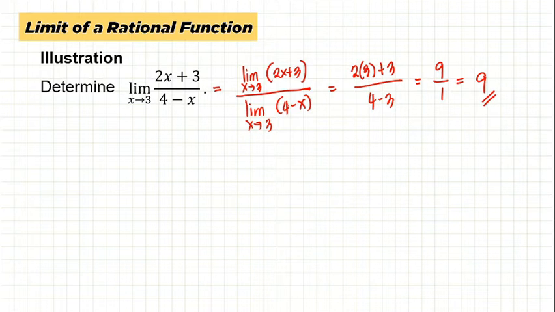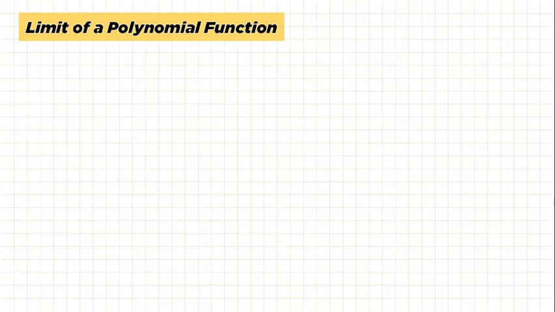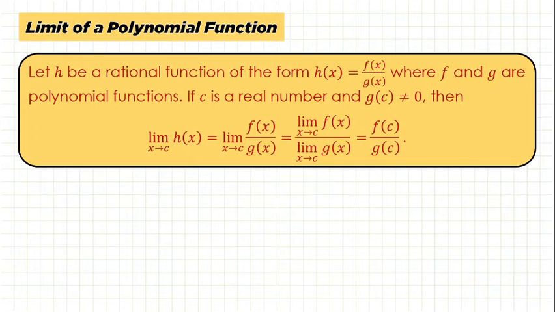And we have this theorem. Okay? Let h be a rational function of the form h of x equal to f of x over g of x, where f and g are both polynomial functions. If c is a real number and g of c is not equal to 0, then the limit of h of x as x approaches c will be equal to the limit of f of x as x approaches c over the limit of g of x as x approaches c, or just equal to f of c over g of c.